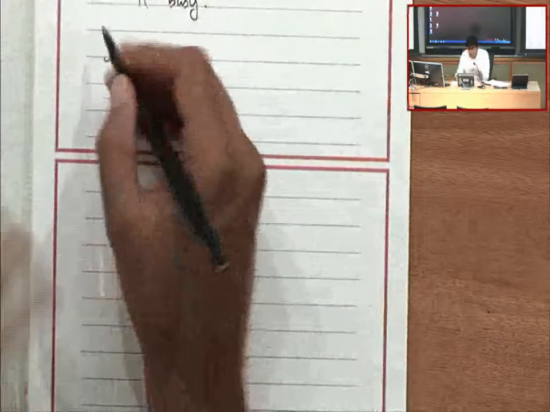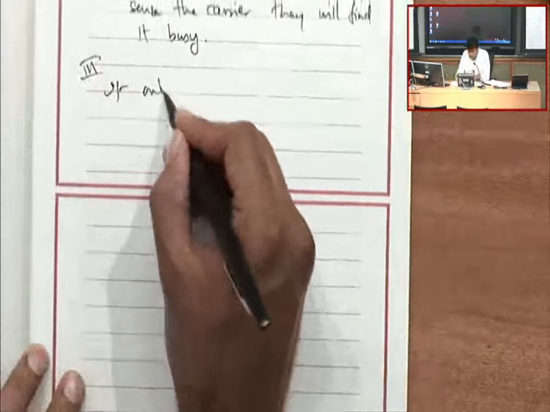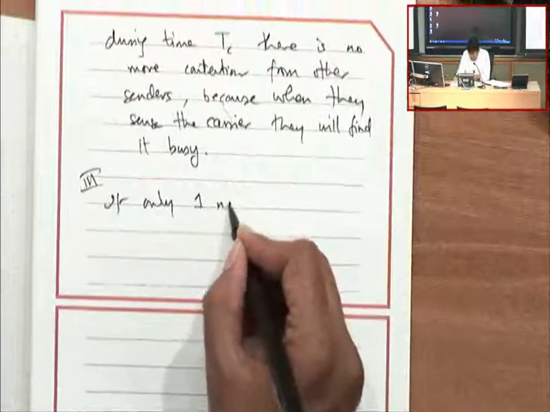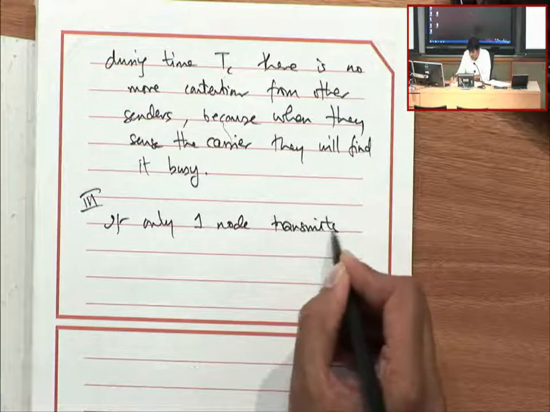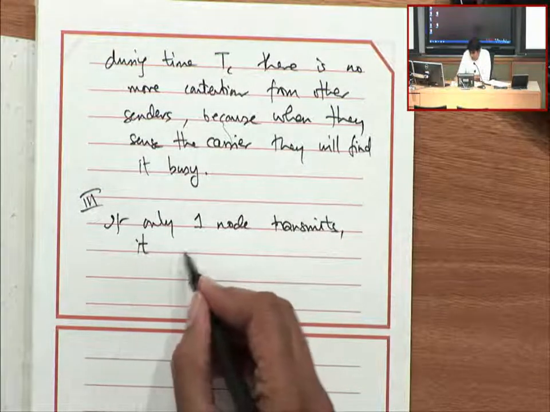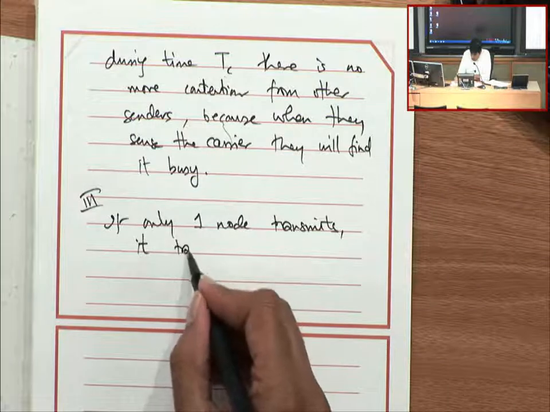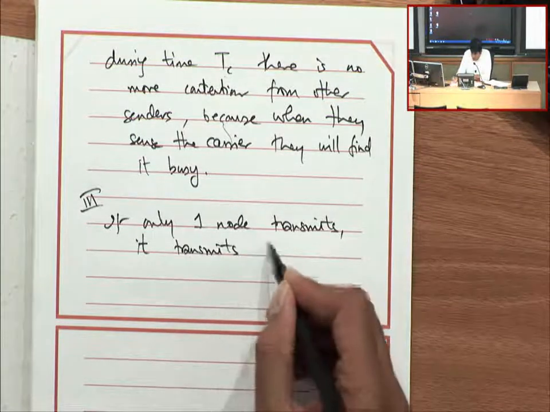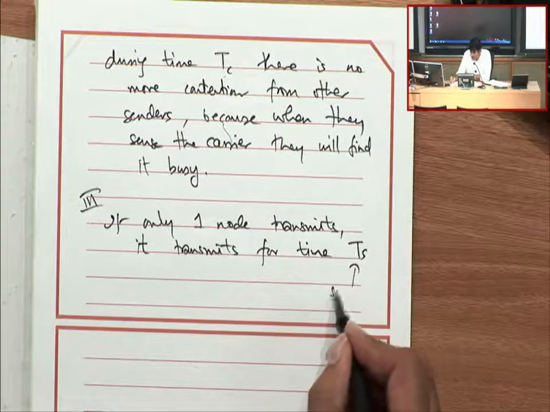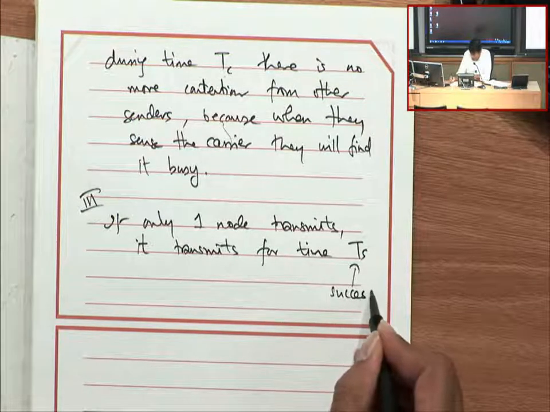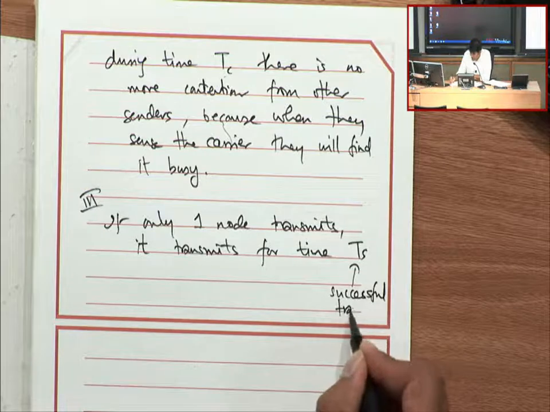So case three is if only one node transmits, it transmits for a time we're going to call TS, for successful transmission time.